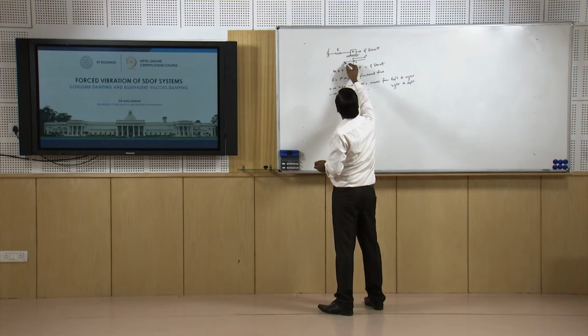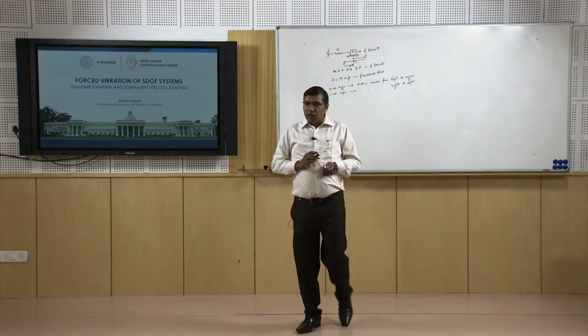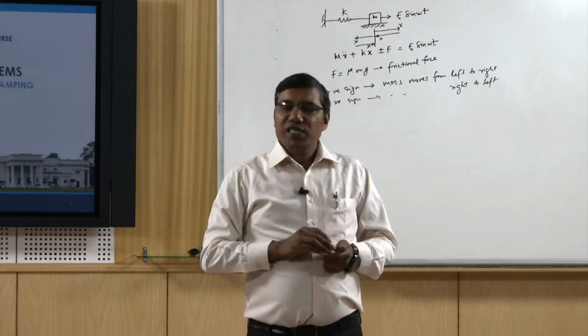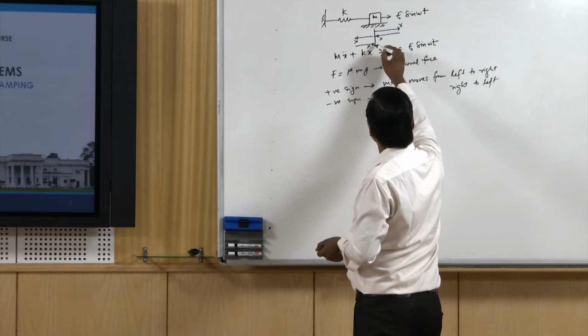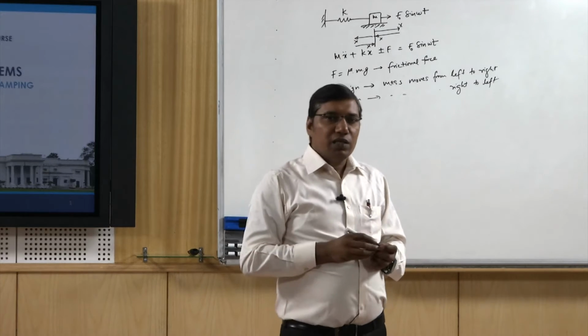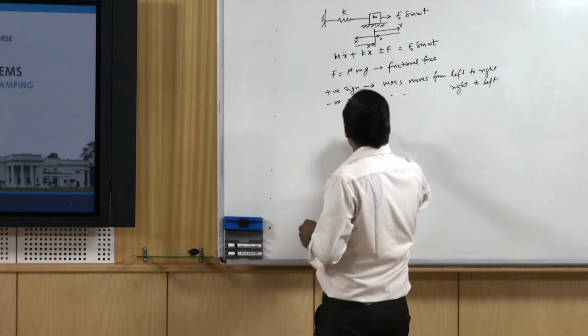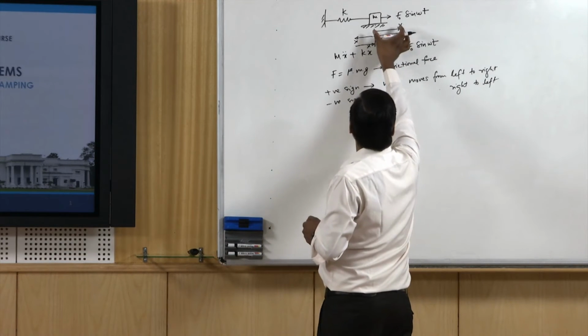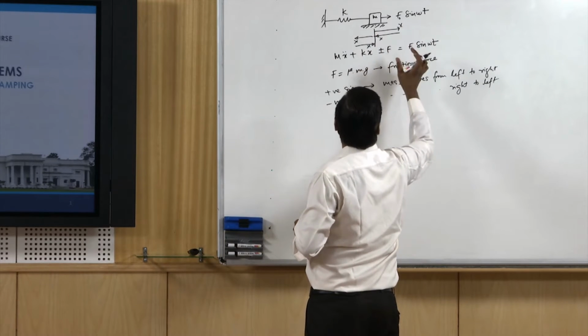Then it goes to the other side by the maximum, that is x, and again comes back to equilibrium, moving x. One cycle is complete when it starts from here and reaches the same point, but in this one cycle it moves by 4x, because in a quarter cycle it moves the maximum amplitude x.